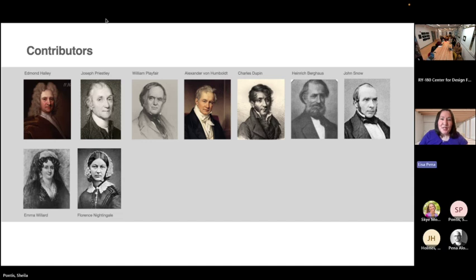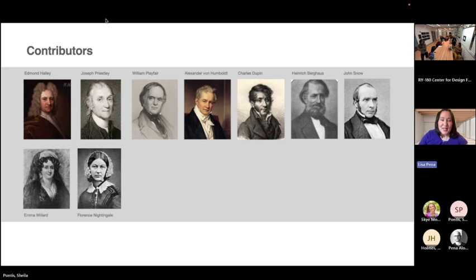So what I've gathered here is a group of famous information designers. Of course, they did not call themselves that. You're looking at individuals who did not fall under the categories of information designer, data researcher, or information architect. Instead, what you're looking at are astronomers, educators, scientists, cartographers, doctors, statisticians.